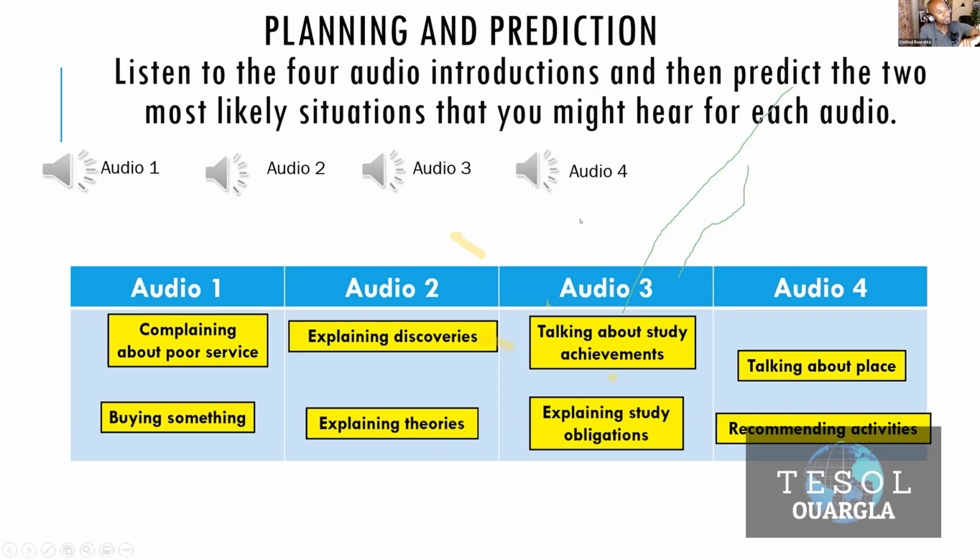So when you do this and then you give them the audio, at least they know what this is in general going to be about. But what you are doing there at the same time is that you are teaching them how to predict and how to plan.